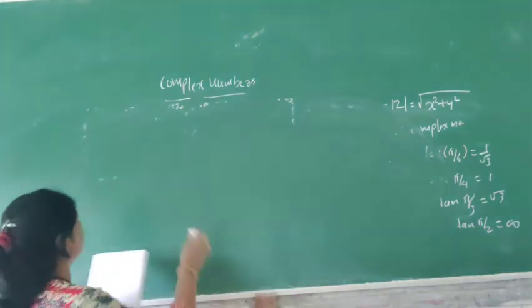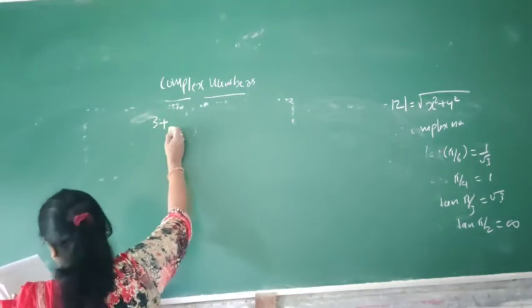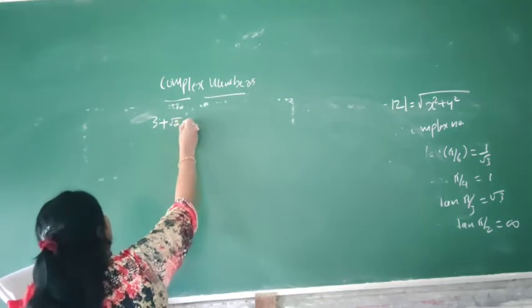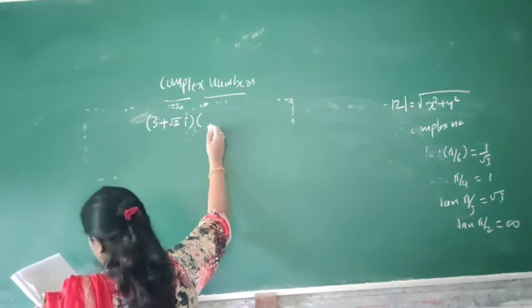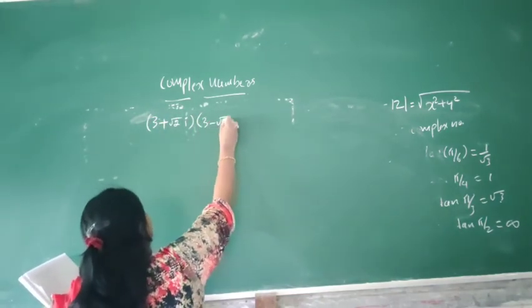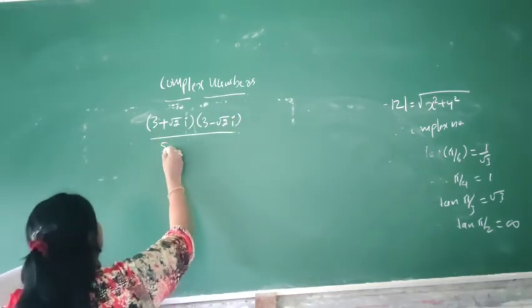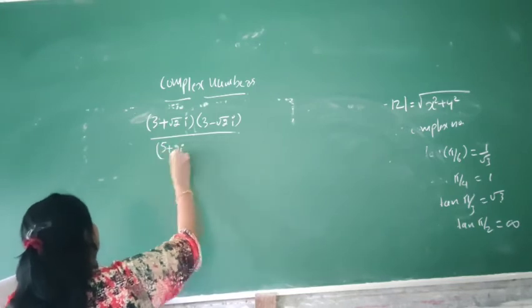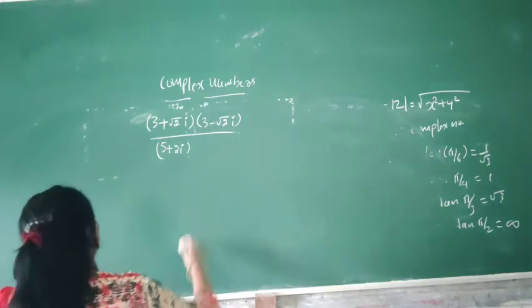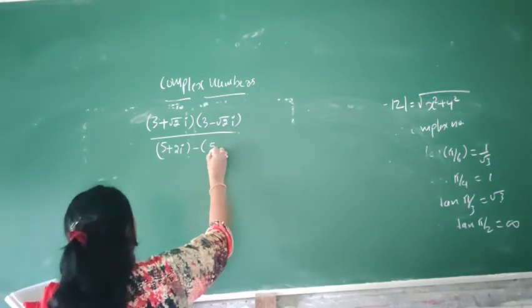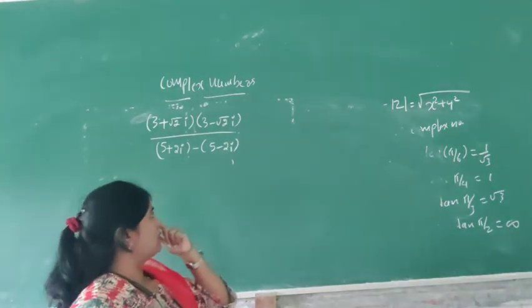Next, three plus root 2I minus root 2I, divided by 5 plus 2I minus 5 minus 2I.